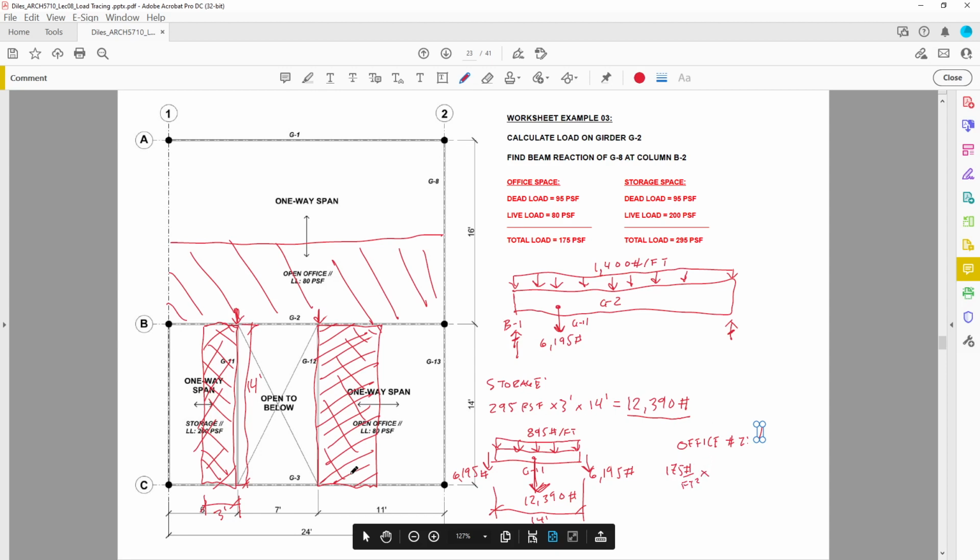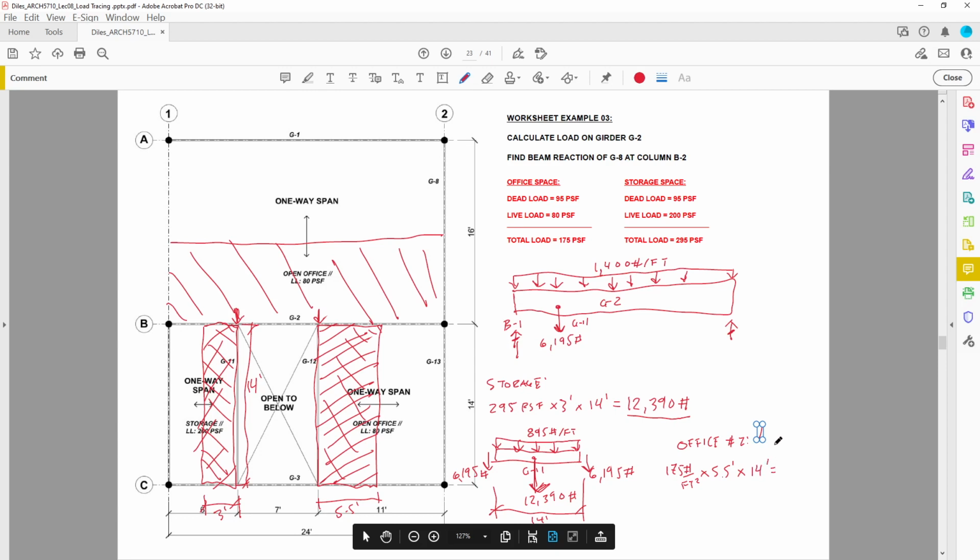And then what's the area under load? The tributary area here is half of 11, so 5.5 feet. This is going to be times 5.5 feet times the overall length of this girder, which G12 is 14 feet long.